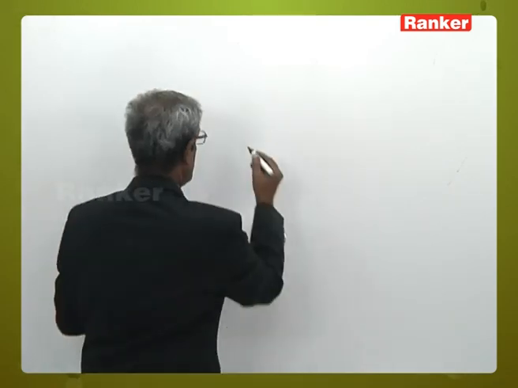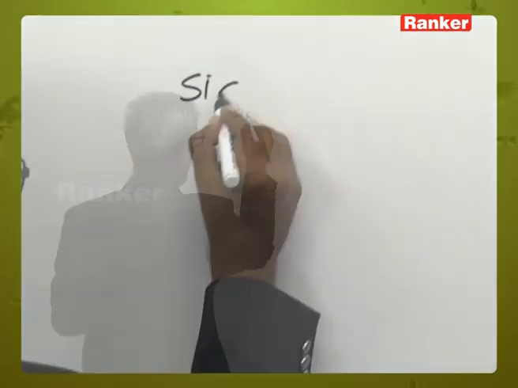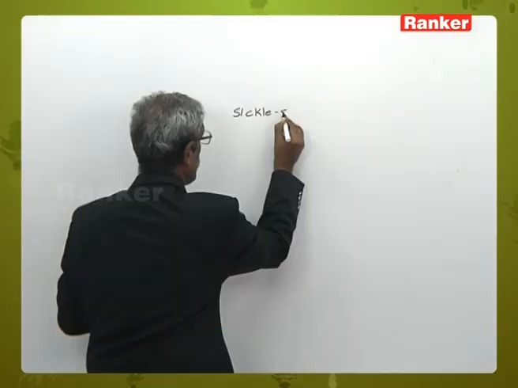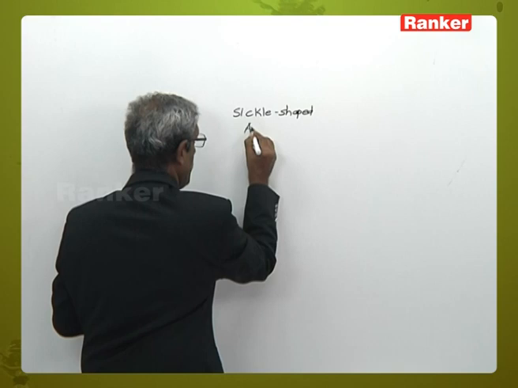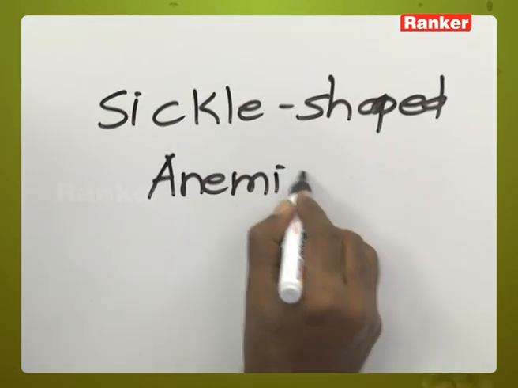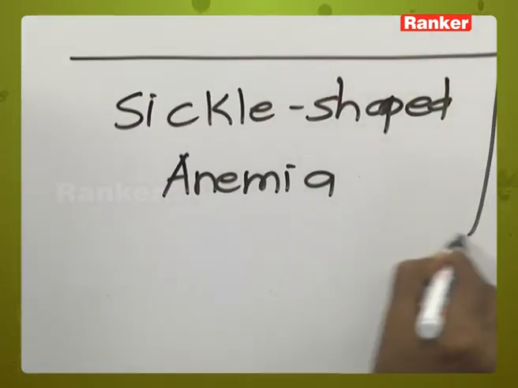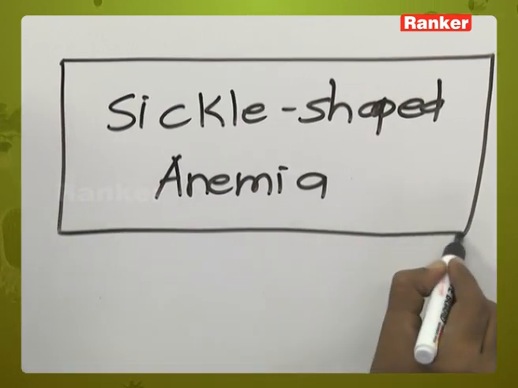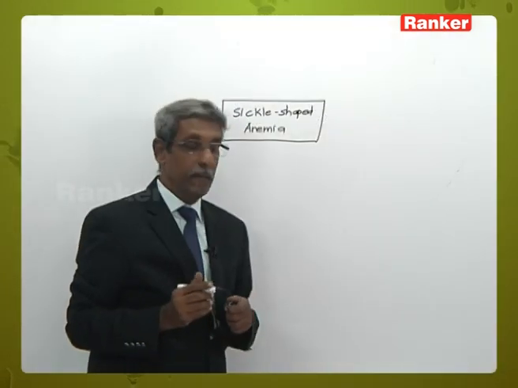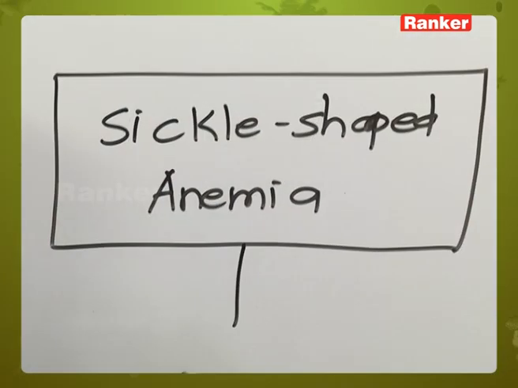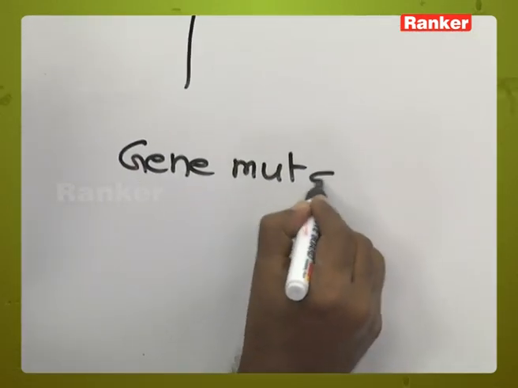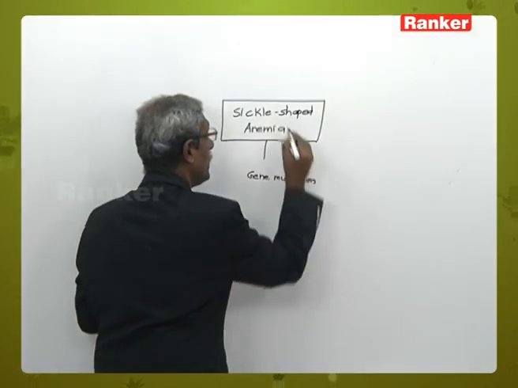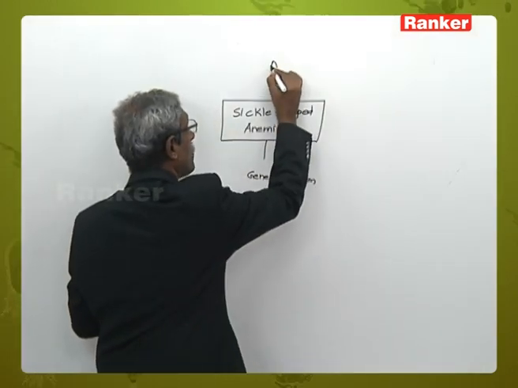We are going into another study which is termed as sickle-shaped anemia. Sickle-shaped anemia is due to a gene mutation in the autosomes.